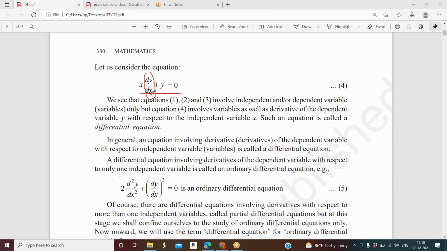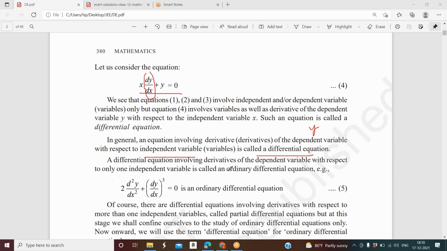So what is the formal definition? In general, an equation involving derivative or derivatives, more than one derivative, of the dependent variable with respect to independent variable or independent variables, if there are many, that is called a differential equation.